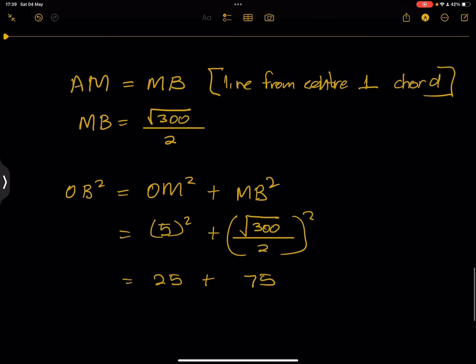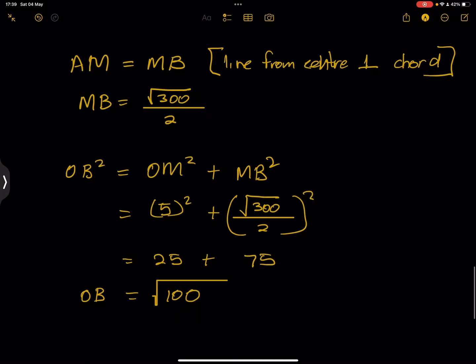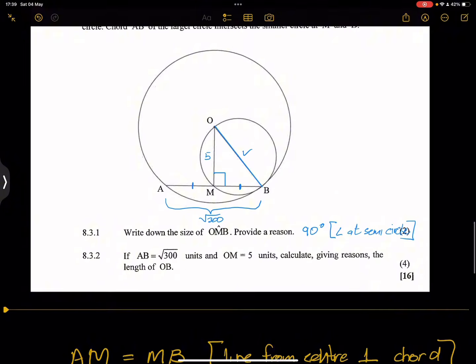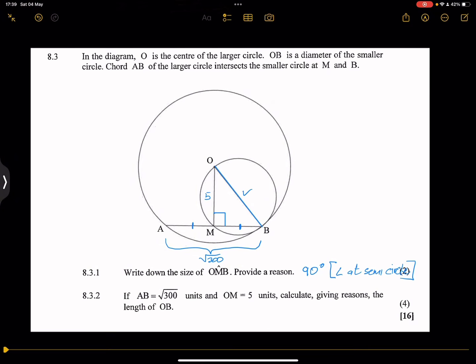If I add those two, that would be 100. So the value of OB would be the square root of 100, and so that will be 10 units. Okay, right. And essentially, ladies and gents, we would have earned ourselves a free 16 marks out of that.